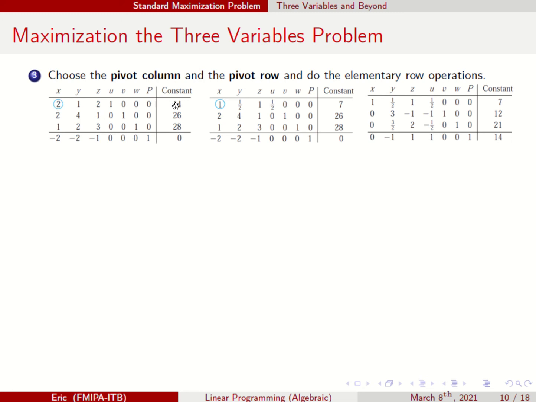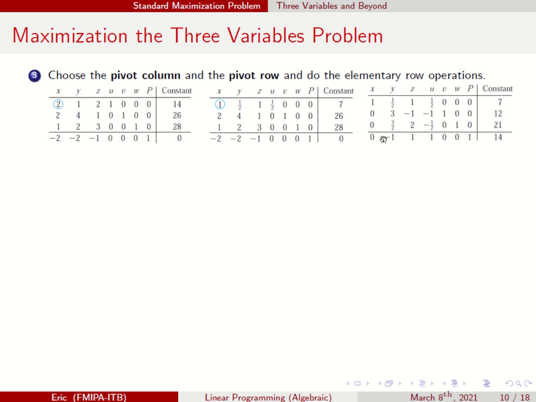You check the ratios: 7, 13, 28. So the smallest is the first row. So you choose this as your pivot element. You bring this into 1, and the others into 0 by using elementary row operations.